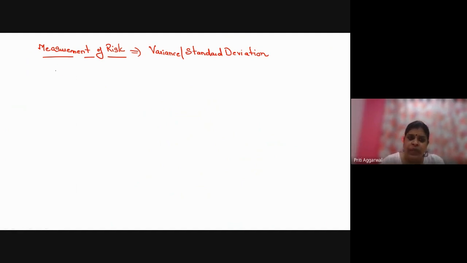Now, friends, we are all aware that total risk comprises two important components. One is systematic risk, and the other one is unsystematic risk. Right? So when you talk about systematic risk, this is something which is undiversifiable.